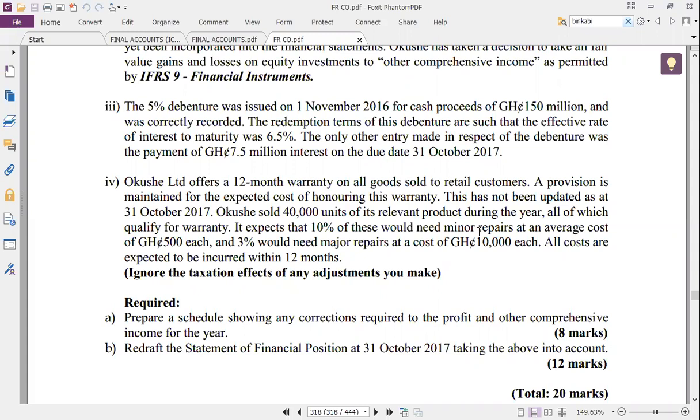The only other entry made in respect of the debenture was the payment of the 7.5 interest on the due date. And that means they have to carry that at amortized cost. That's all.